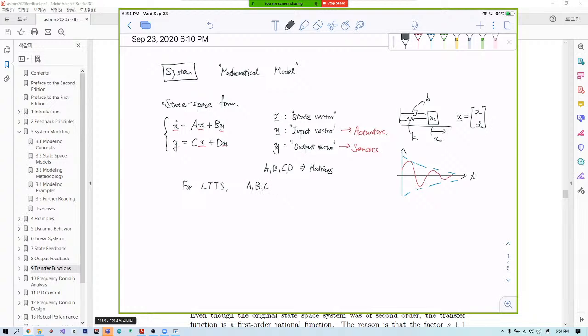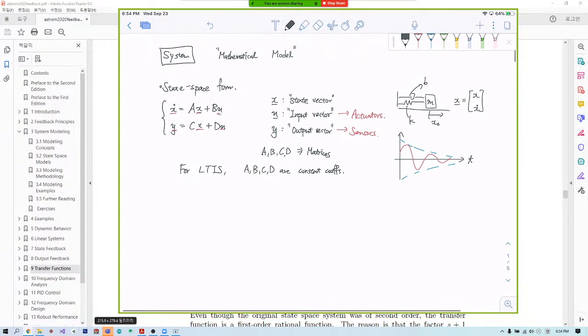A, B, C, D are constant coefficients. And by linear time invariant, I mean the system does not change as time changes. So this is one way of defining our system.